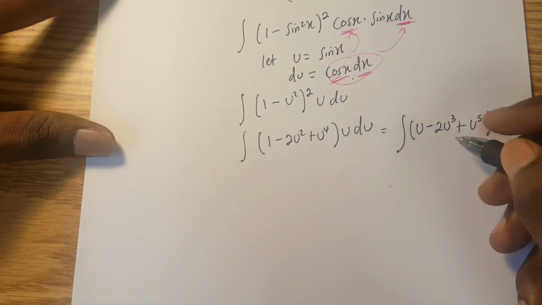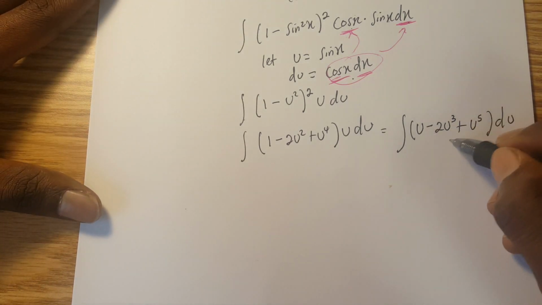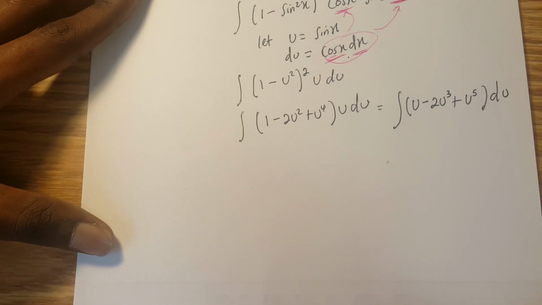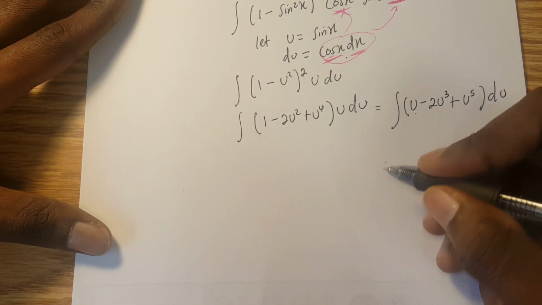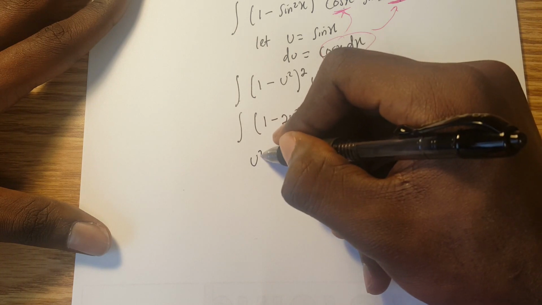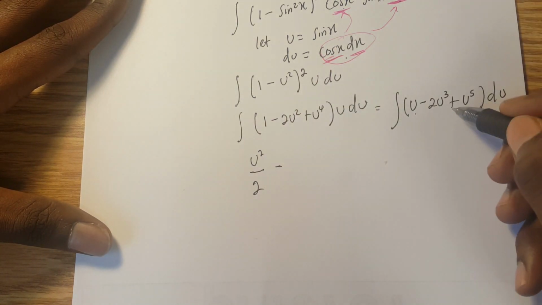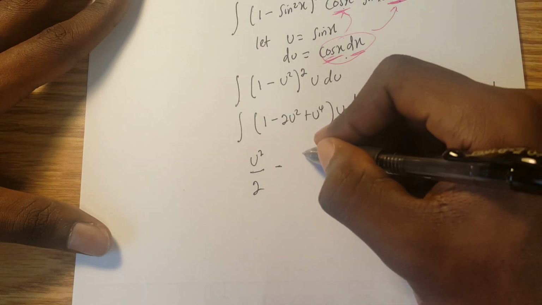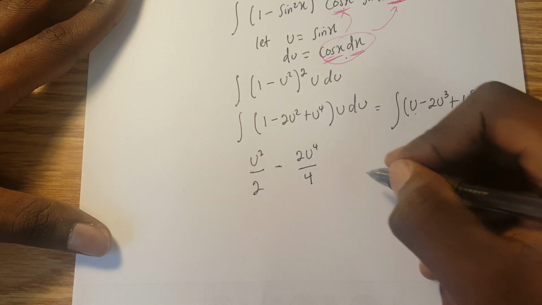We're gonna then integrate all these terms one after the other. If you integrate u, we will get u squared divided by 2. With our minus sign, if you integrate 2u to the 3rd, we have 2u to the 4th divided by 4.